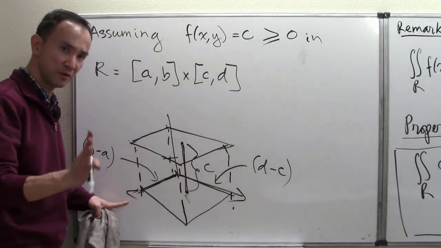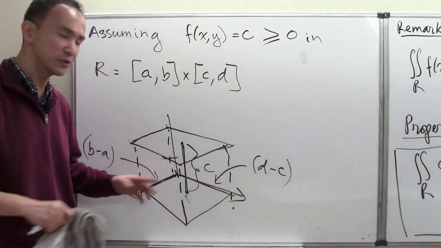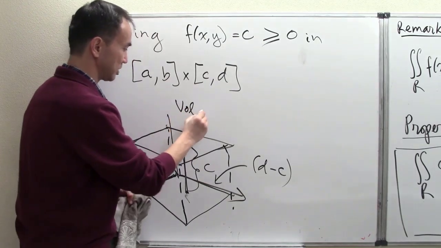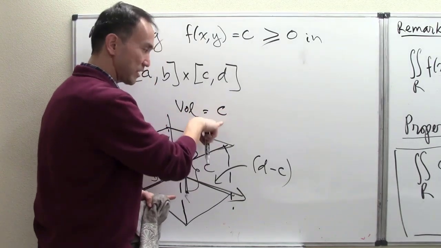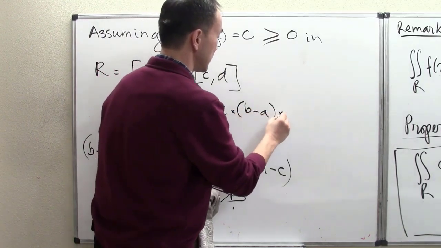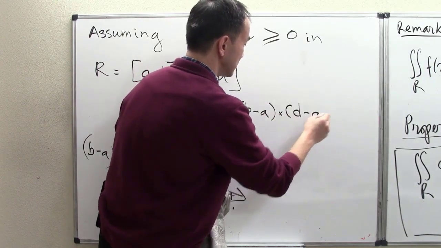So when we narrow it down to that case right there, we already see how truthful it is, because the volume of this picture is c, the positive height, times b minus a times d minus c.